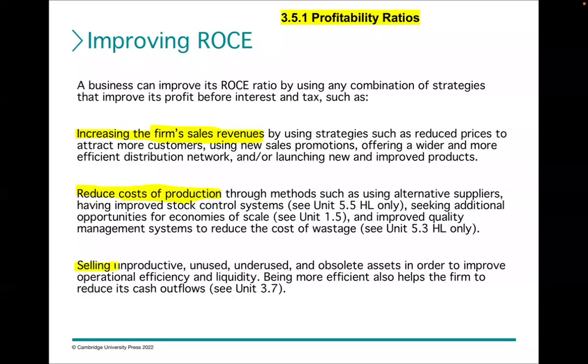And selling unproductive, unused, underused, and obsolete assets in order to improve operational efficiency. If you've got machinery that you're not using, it's better to sell the old one, even if you're getting a scrap value, get something better than nothing, and buy a new machine instead.